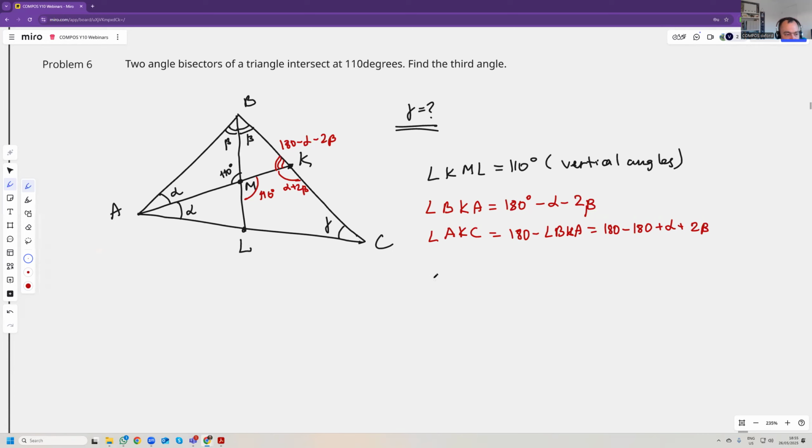Now, similarly, this one, angle ALM, considering that this triangle, is going to be 180 minus 2 alpha minus beta.